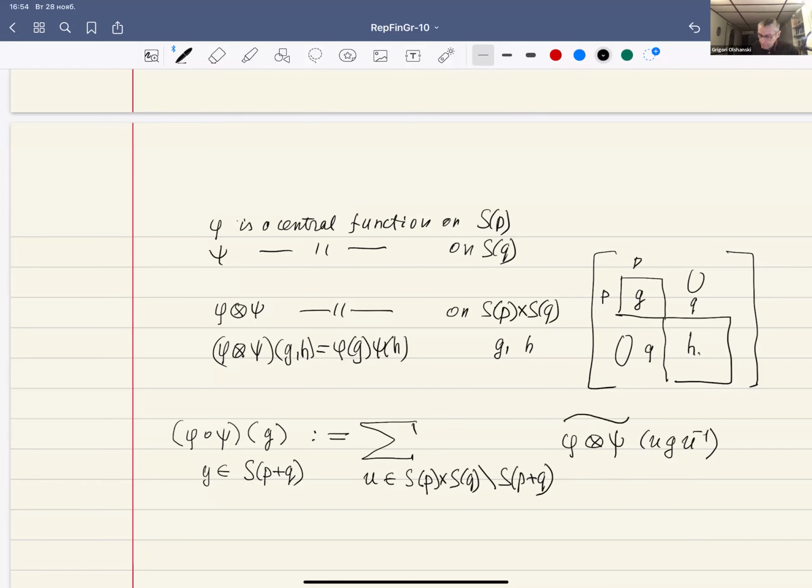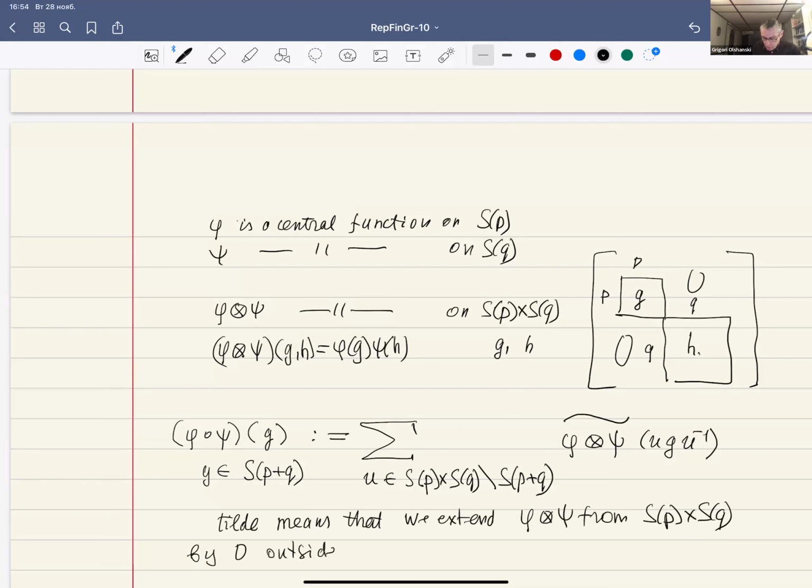It means that we extend this function from this subgroup by zero outside.